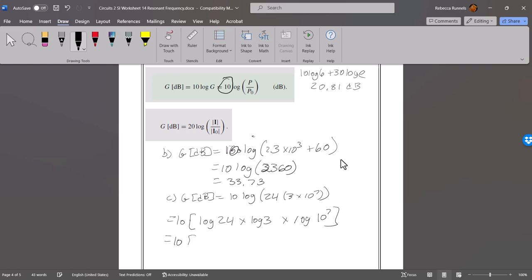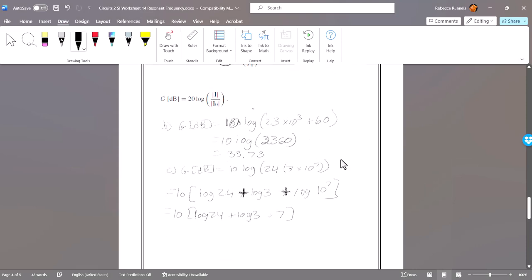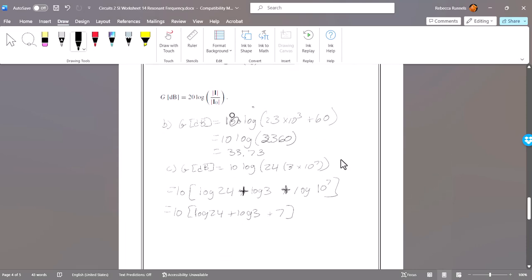Oops, this is plus. Now, because this is common log base 10, the log of 10 to the 7th is just 7. And then I can figure out what this is.